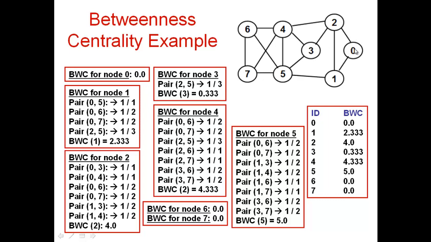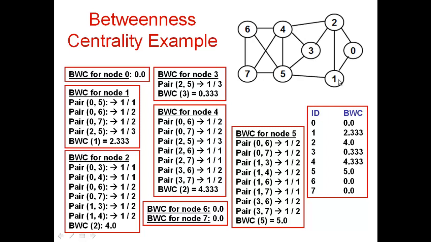How many shortest paths are between 0 and 6? One shortest path is 0, 2, 4, 6. So the shortest path length is 3. There's another shortest path 0, 1, 5, 6, of length also 3. Those are the only two shortest paths between 0 and 6. So there are a total of two shortest paths between 0 and 6.